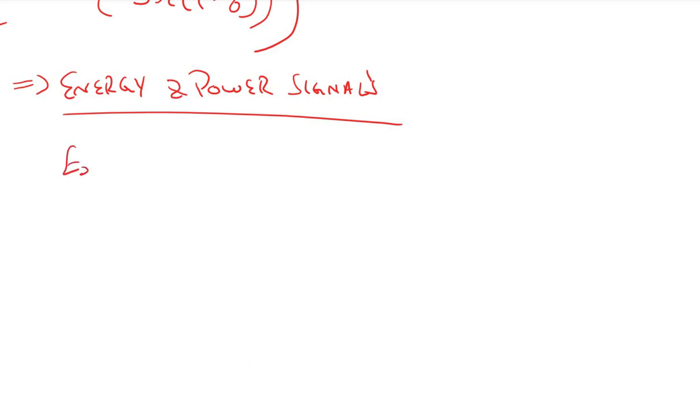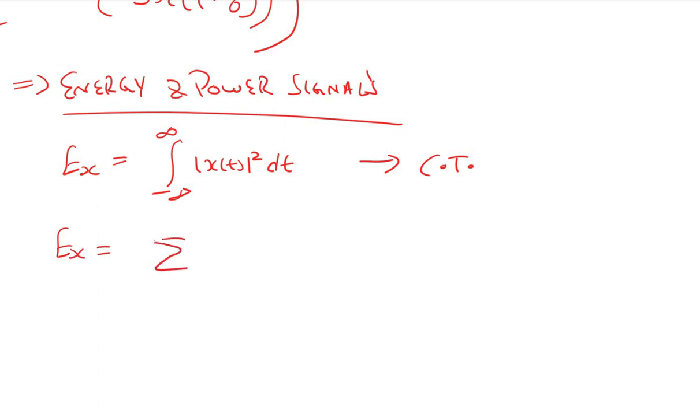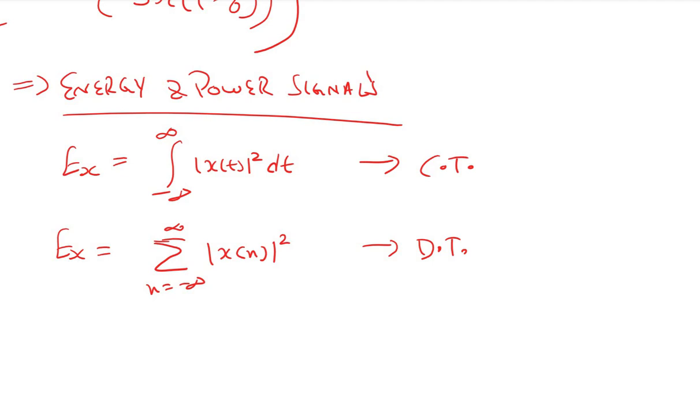The energy of any signal x of t can be written as the integration of modulus of x of t squared dt. This is for a continuous time signal. Similarly, the energy of a discrete time signal can be written with a summation instead of the integration sign, because we are dealing with discrete values, of modulus of x of n squared. This is the energy of a discrete time signal.